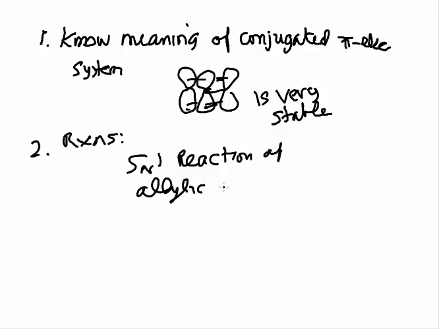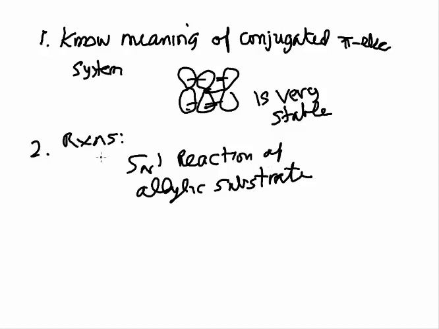Now, this could be allylic halide, it could be allylic tosylate. In the SN1 reaction, it forms an allylic type carbocation, which is very stable, that makes this reaction fundamentally very, very fast. Allylic substrates in an SN1 reaction are going to be very, very reactive. To understand that, and then be able to predict the product or products from that reaction.